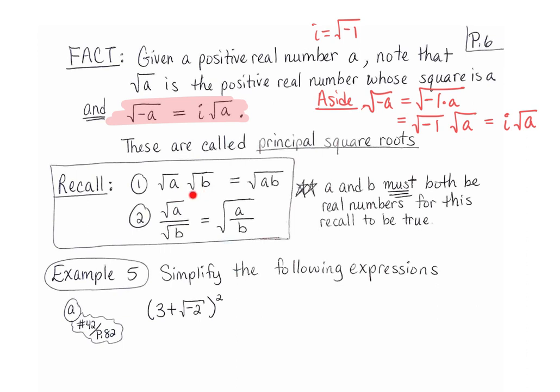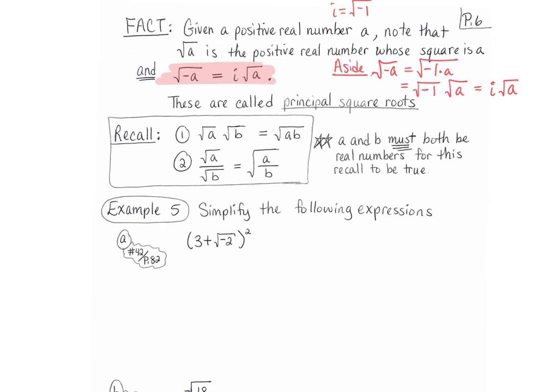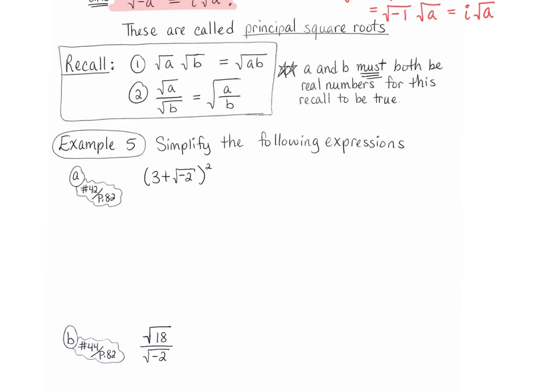The square root of a divided by the square root of b is the same thing as the square root of a over b. Those are important. Okay? So let's go through another example. And this is our last example in this section.